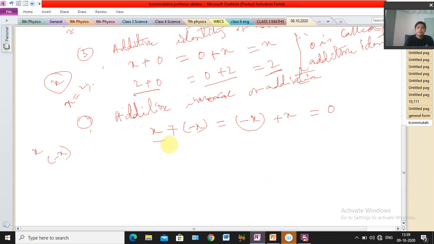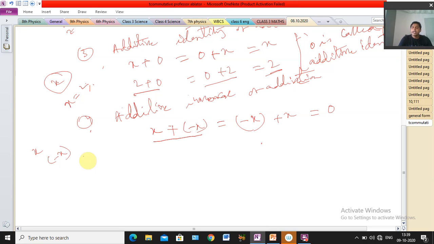Clear or not? If we write x and its inverse minus x, and do the addition, x plus minus x equals minus x plus x. If we write x minus x and after that plus x, and do the addition, we will get 0.